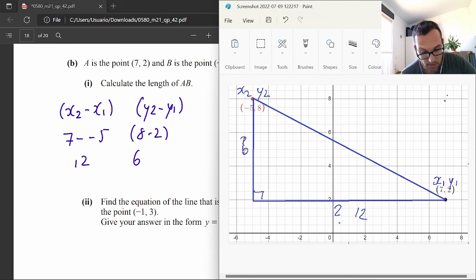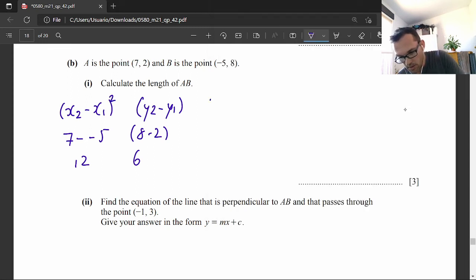Then using Pythagoras to get the hypotenuse, we're going to have to do the square root of 6 squared plus 12 squared. So what we're actually doing after we've subtracted those, we need to square our answers and then add it together and find the square root of that.